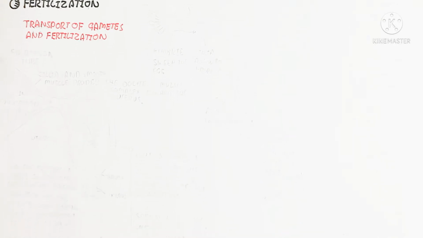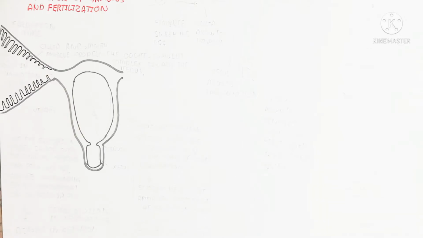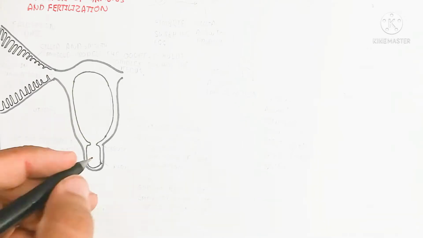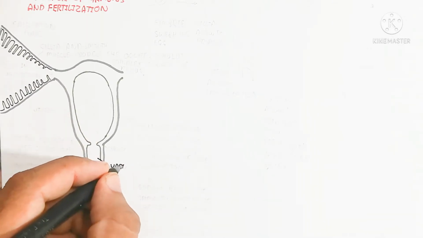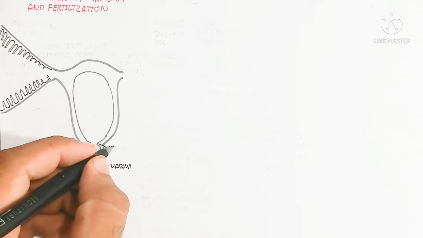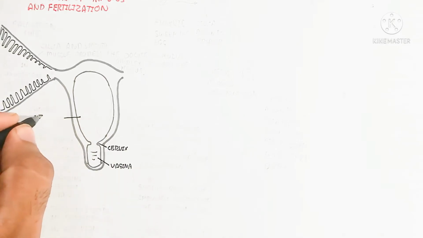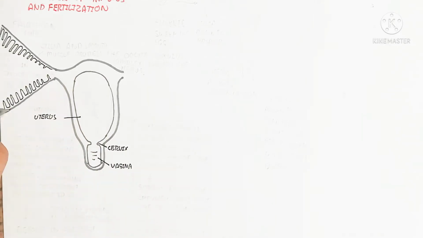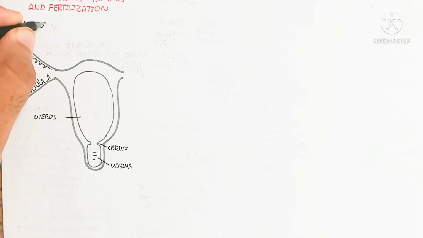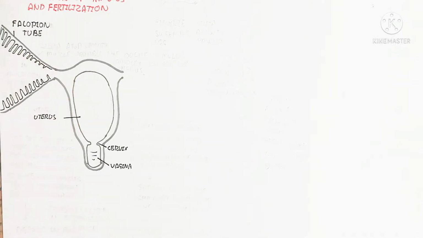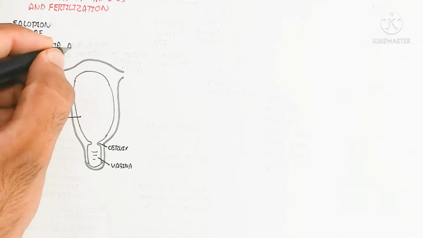Here I am drawing the female reproductive system, which contains a vagina for penetration of the sperm during mating, and the cervix as well as a uterus. The uterus, cervix and vagina contain smooth muscle; during orgasm the muscle contraction will lead to uptake of the sperm.